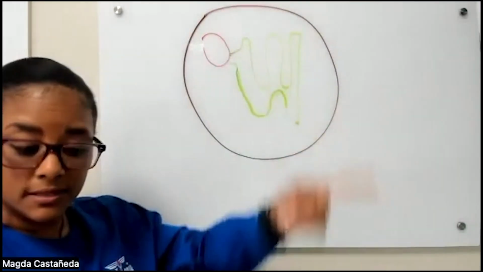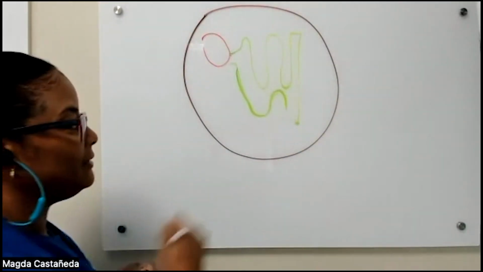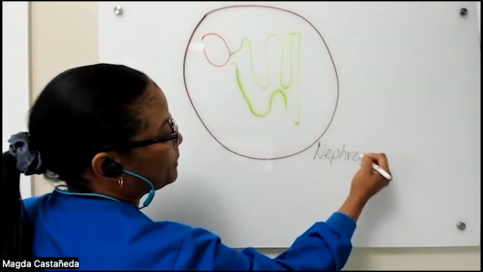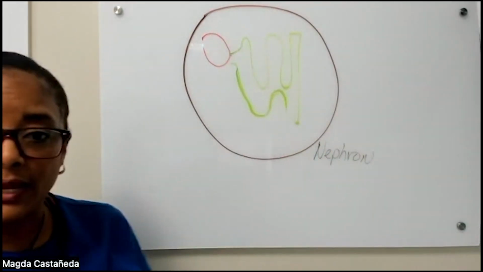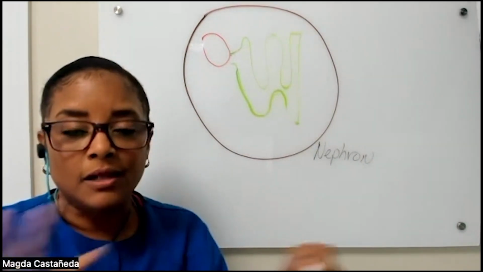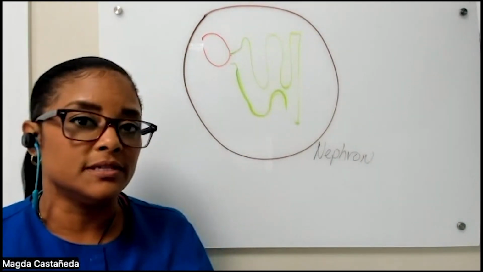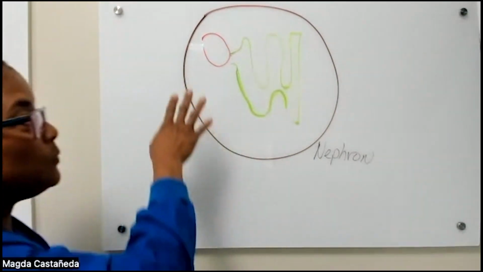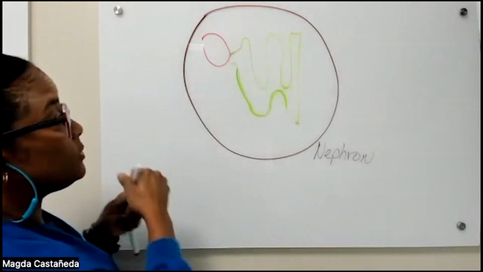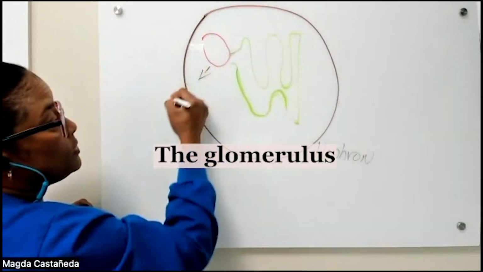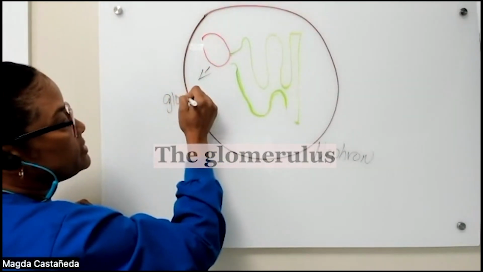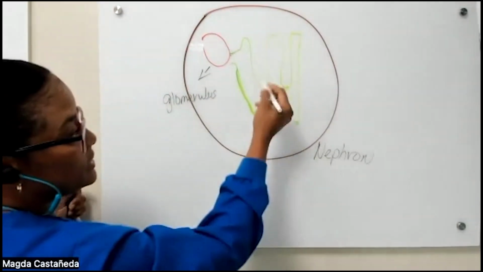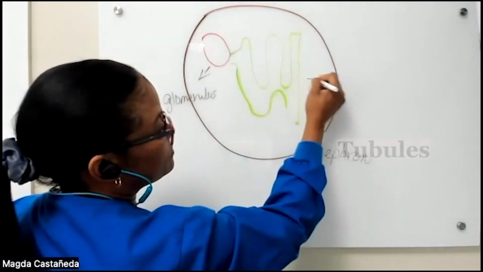Okay, so going to the kidney cell. This is the kidney cell, or nephron. You know that all of our cells have a nucleus. So the kidney cell's nucleus would be the glomerulus. So this here would be the glomerulus, and this would be the tubules.